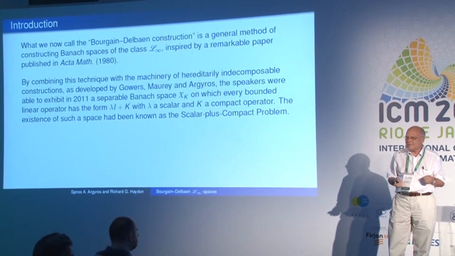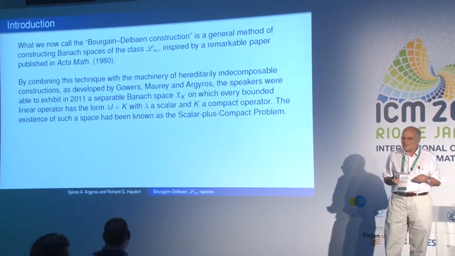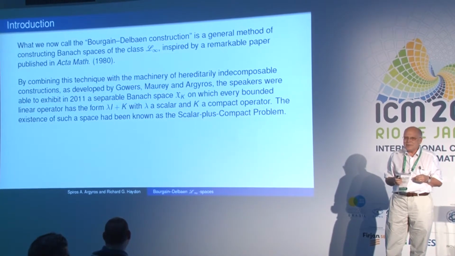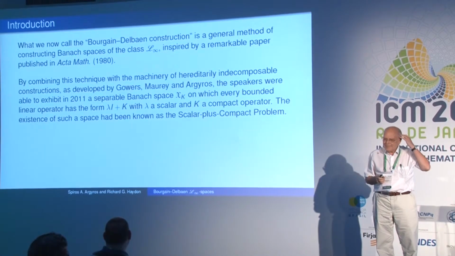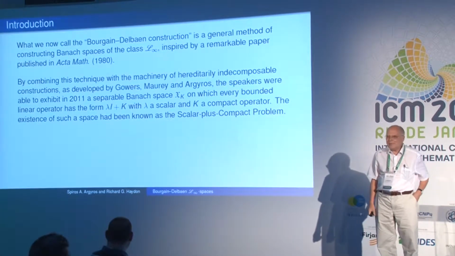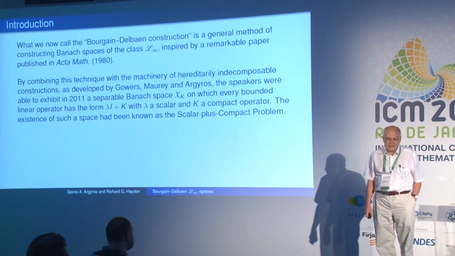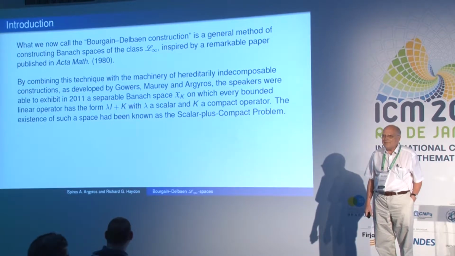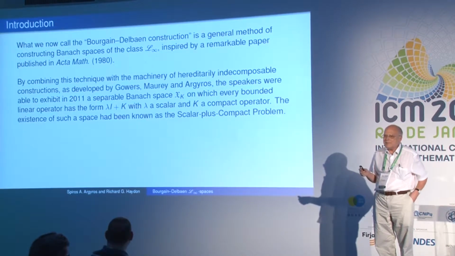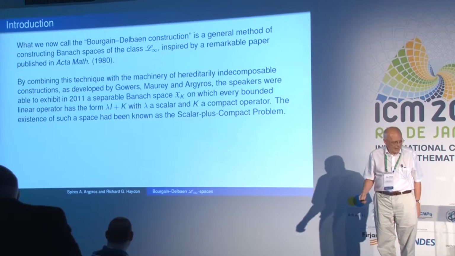What I want to talk about today is how Spiros and I were able to combine that with ideas of Gowers and Maurey and their famous hereditarily indecomposable spaces to solve an old problem that was called the Scalar-plus-Compact Problem. That's to say, we created a Banach space on which every bounded linear operator was a compact perturbation of a scalar operator.